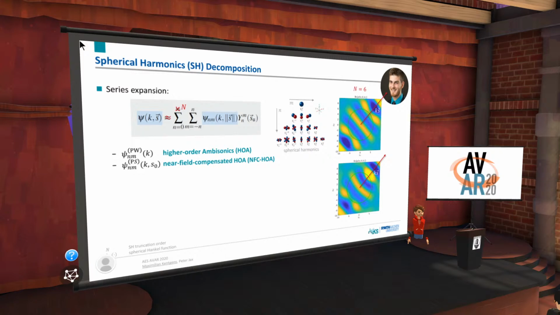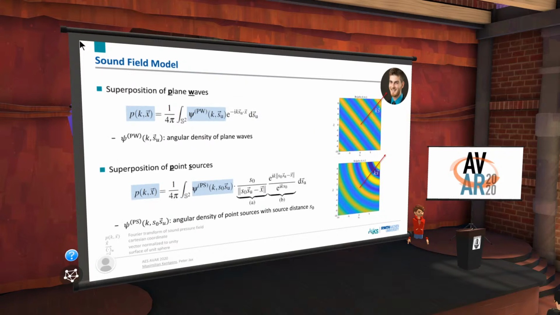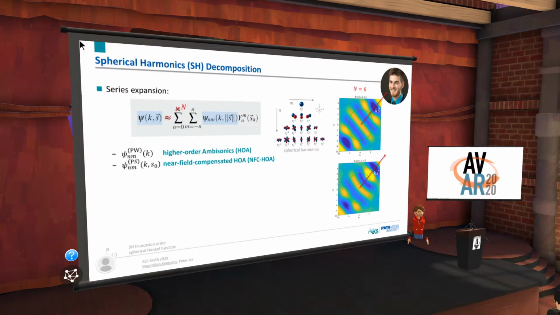If we now introduce a truncation order, like for example in the plot here N equal to 6, this means that we only have a sweet spot of a limited size and everything outside is disturbed somehow. You can compare it to the last slide, the plots, and you see that there's now this green circle, which is the approximate region where the sound field is valid.